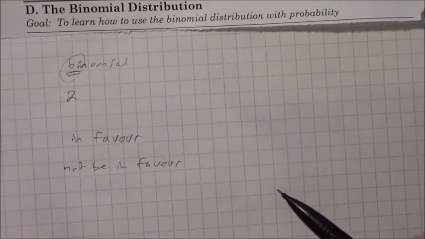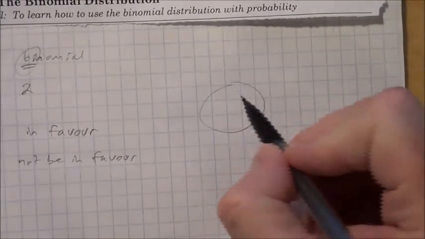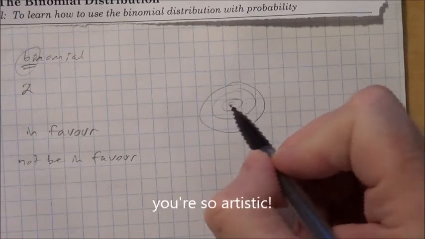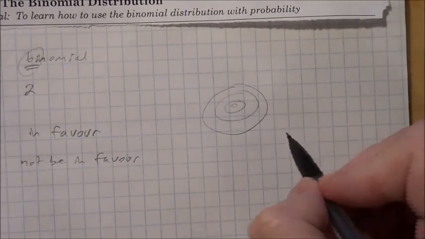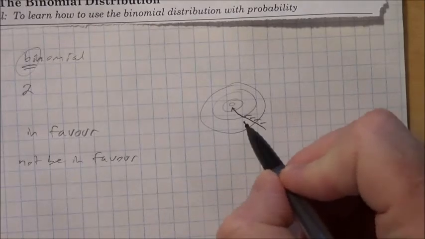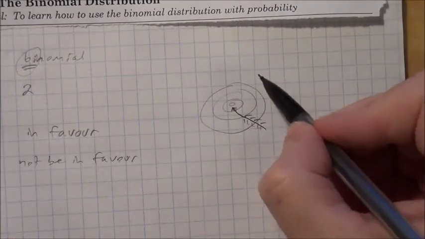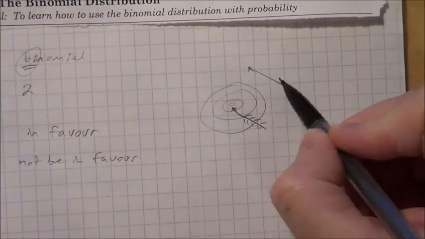Or we could say an archer hitting a target, and I'm not much of an artist, as you can probably see, but an archer hitting a target somewhere. So he either hits it or he misses it.